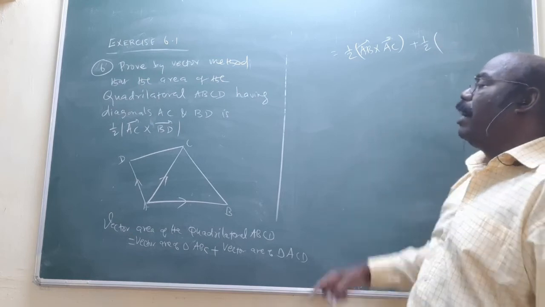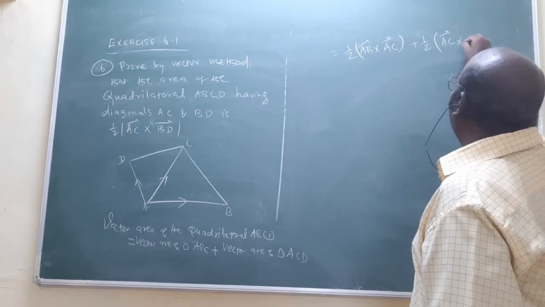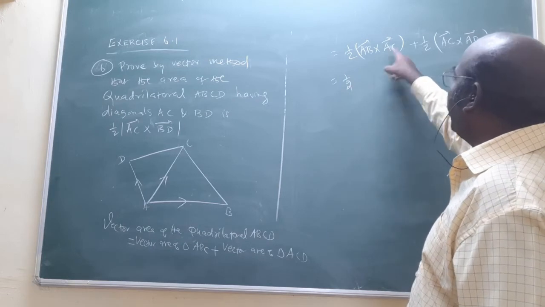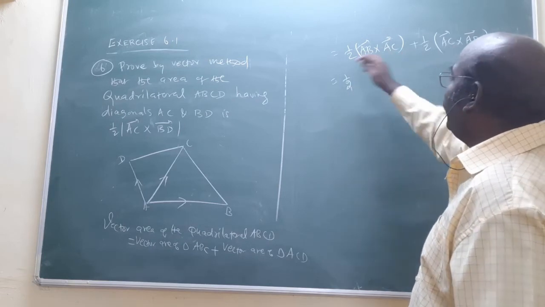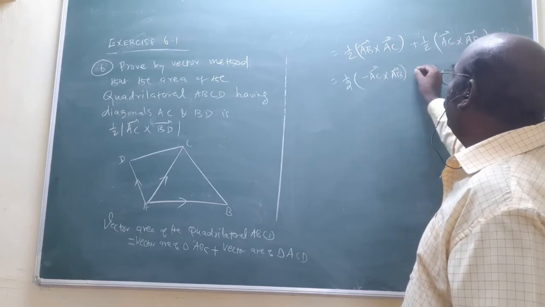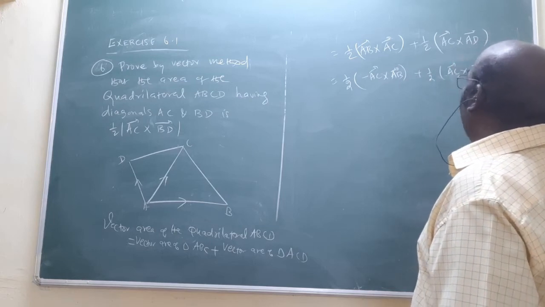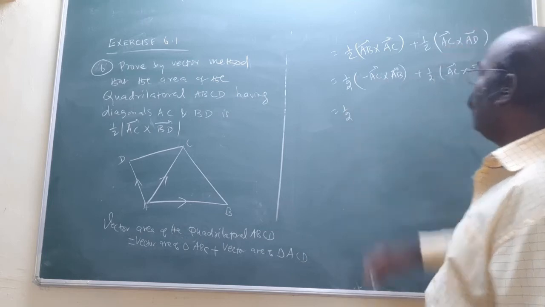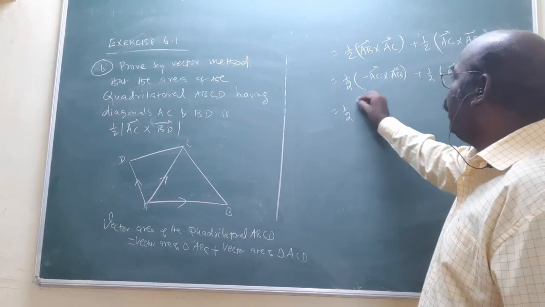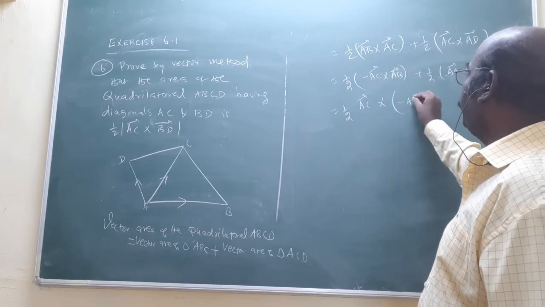Next one is half into AC cross AD. But here, half is common. Here AC is second involved, here first involved. That's why you want to interchange: minus AC cross AB. Plus the same thing. Now, here half is common and also AC is common.